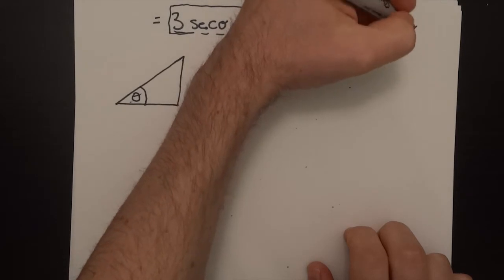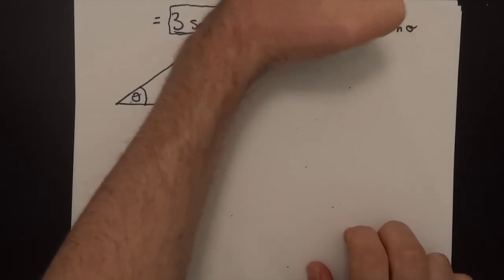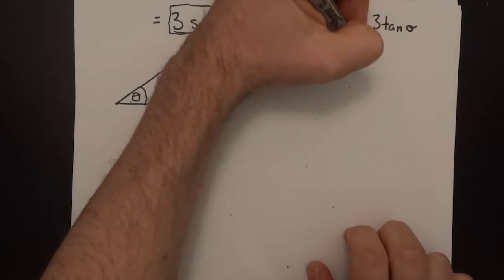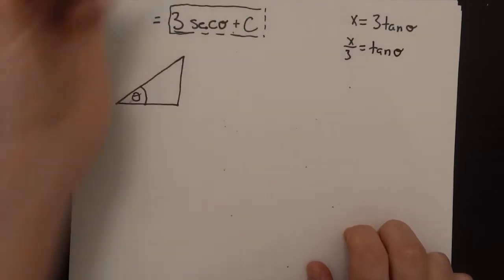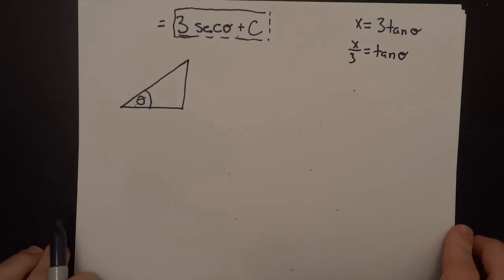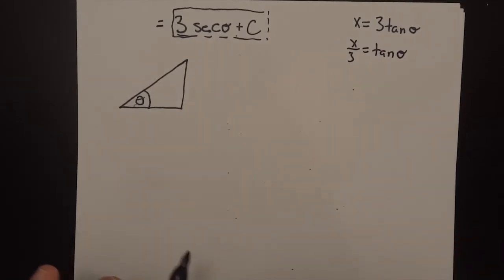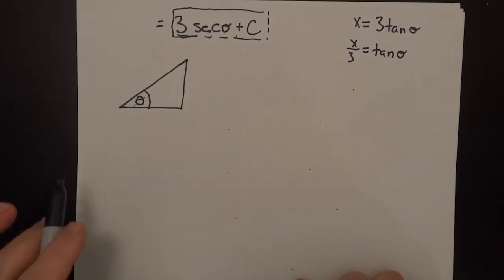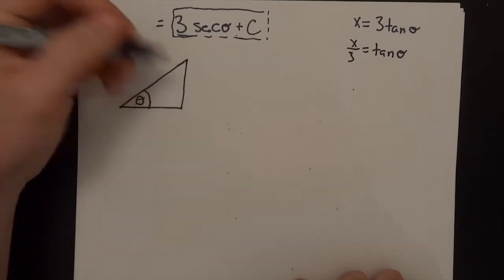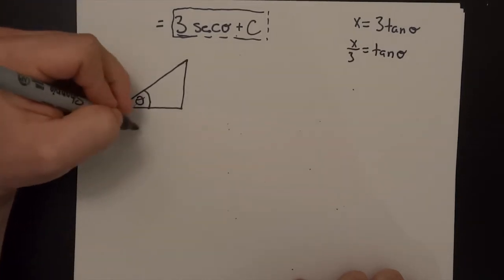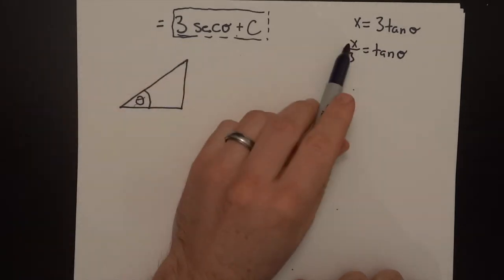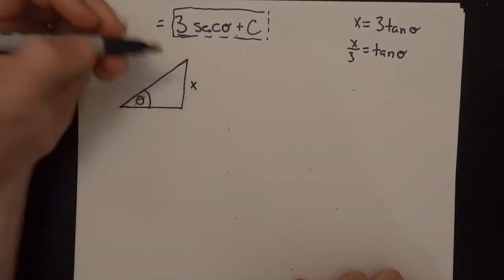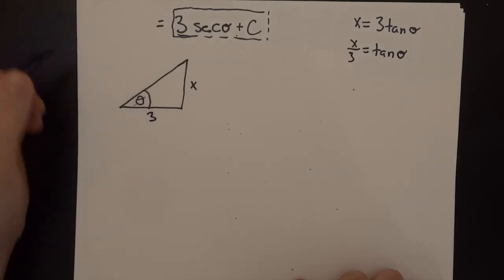If you divide both sides by 3, x over 3 is equal to tan of theta, right? So tan, or TOA, if you use your SOHCAHTOA, is opposite over adjacent. So opposite is just x, adjacent is 3.